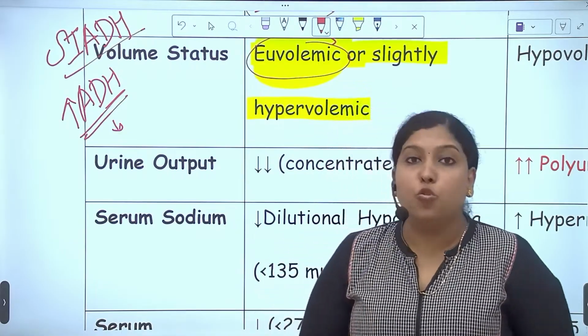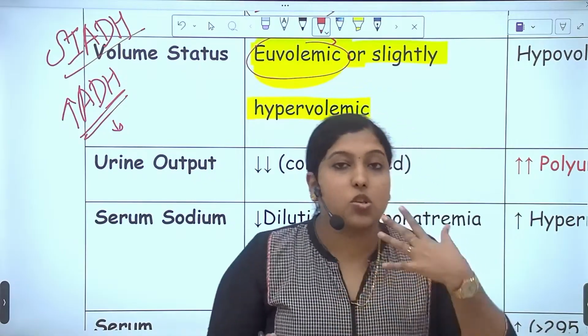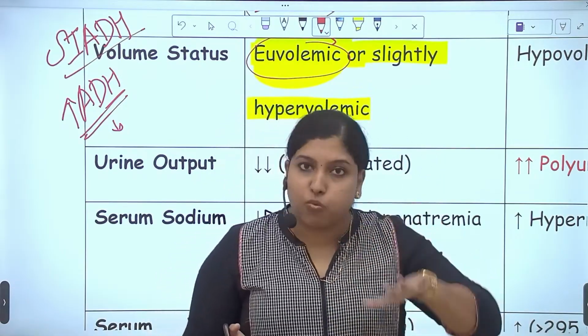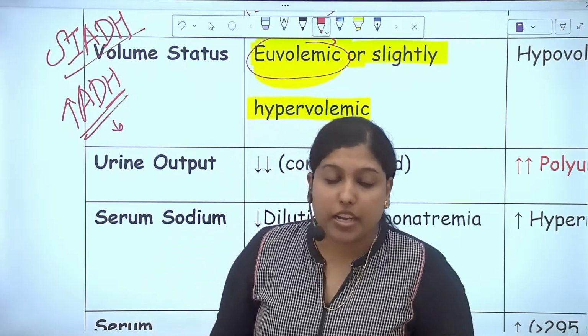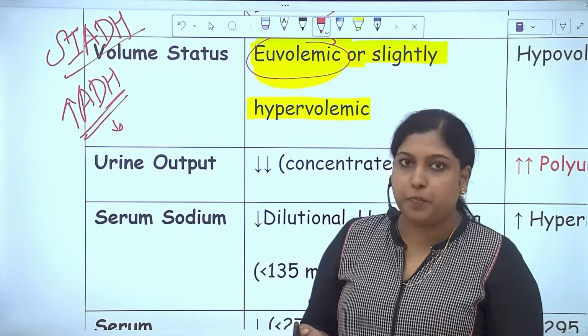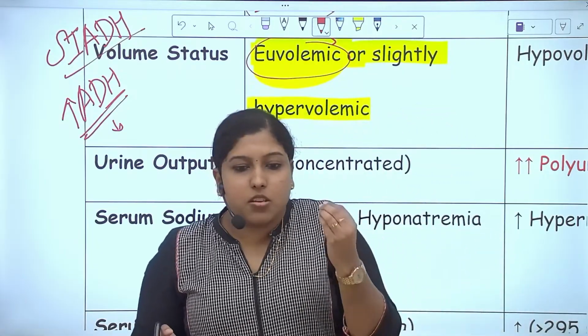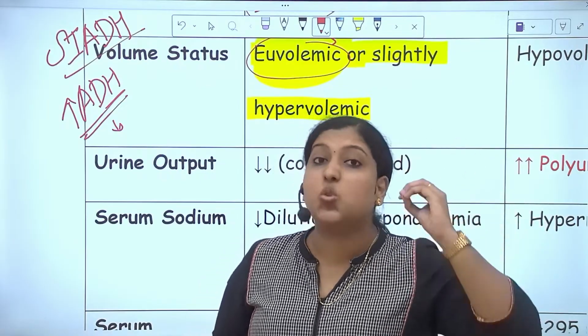What is meant by euvolemia? Euvolemia means the patient already has excess fluid volume, but is not producing many symptoms because of it. The patient's volume status is quite higher, but it is not so complicating.